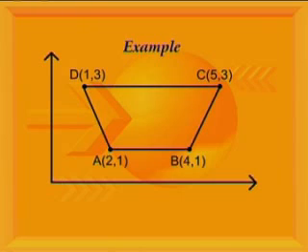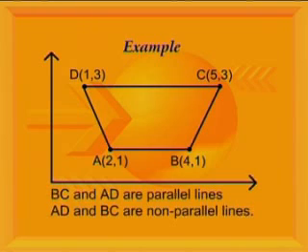The side AB is parallel to DC, and the other two sides AD and BC are non-parallel. So this figure, as you know, is a trapezium. So we are integrating our function over this region.